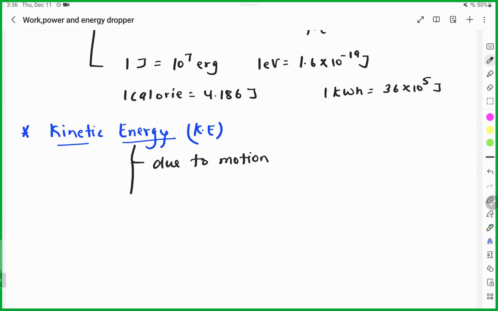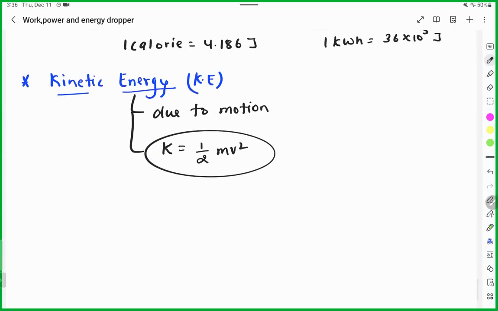The simplest formula of kinetic energy is half mv square. We can prove this formula also, and it means this is energy. So this kinetic energy is always positive. Remember this. It is a scalar quantity, and when a body is moving, it has some positive kinetic energy. Negative kinetic energy is not possible.